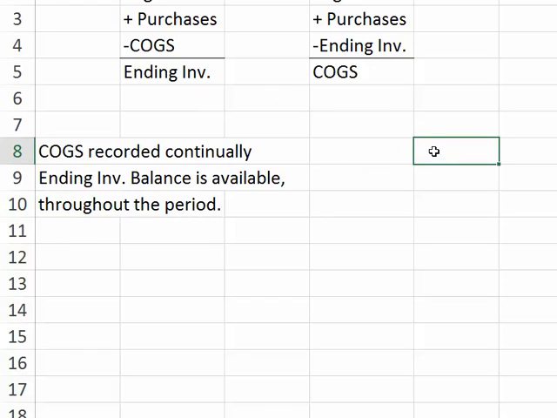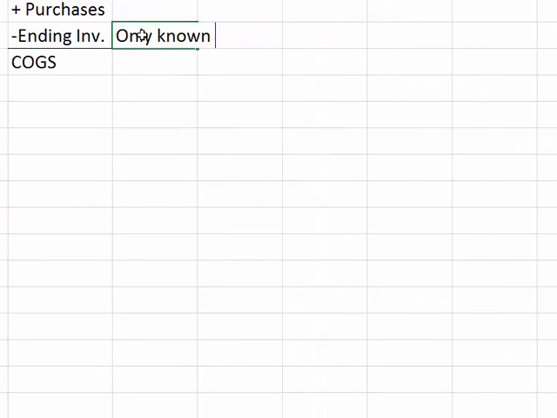Under the periodic method, again, you start with beginning inventory, add purchases, but ending inventory is only computed after there is a physical inventory count. So only known after a physical inventory count. And that's usually done at the end of the period.